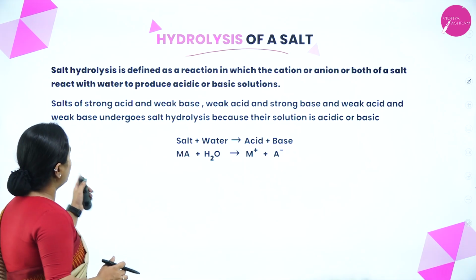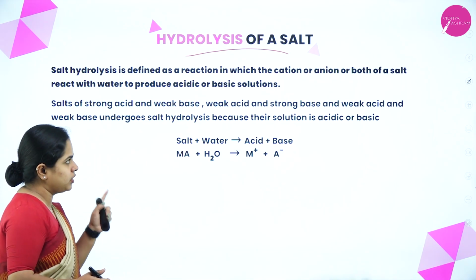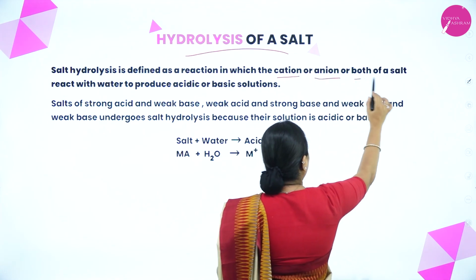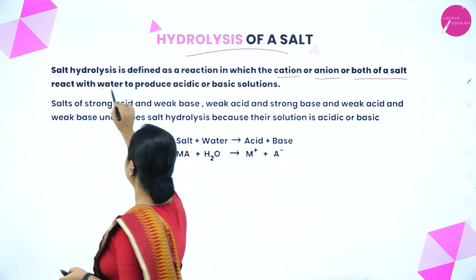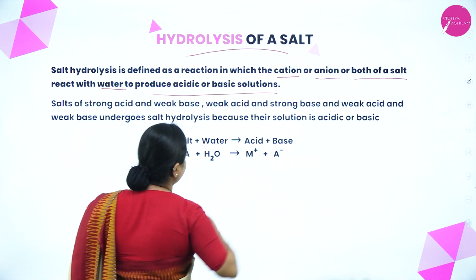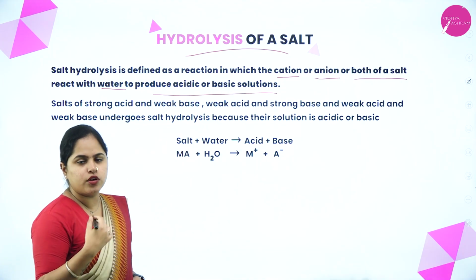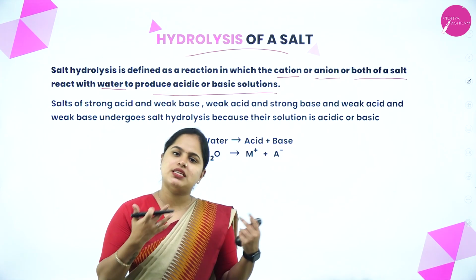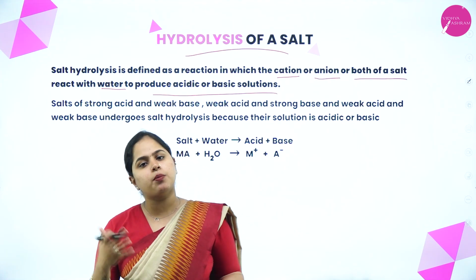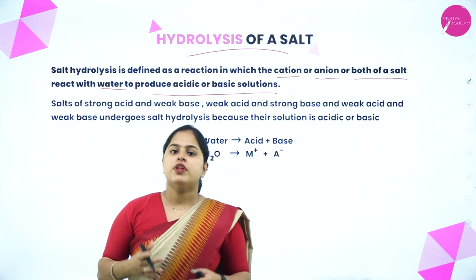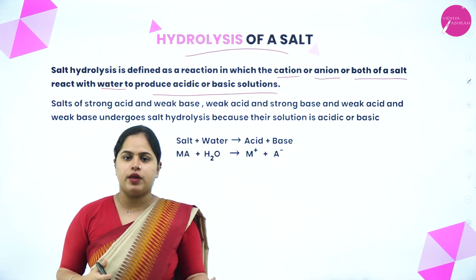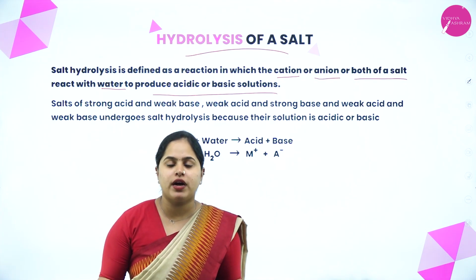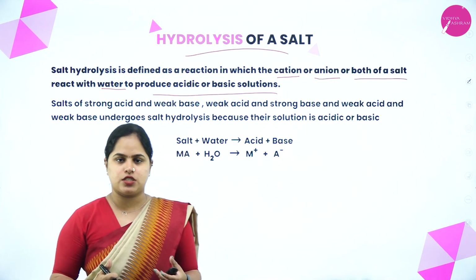So let's see. Salt hydrolysis is defined as a reaction in which the cation or anion or both of a salt react with water to produce acidic or basic solution. So in a salt, what is present? The anion will be there, cation will be there, right? Anion is a negatively charged ion, cation is the positively charged ion. So in a salt, either one of them or at times both of them will react with water and will provide an acidic solution or a basic solution.